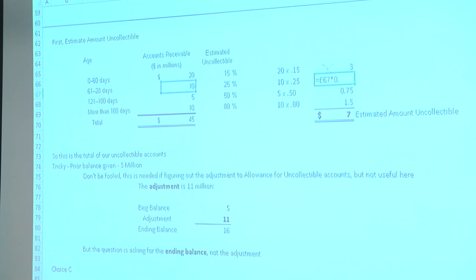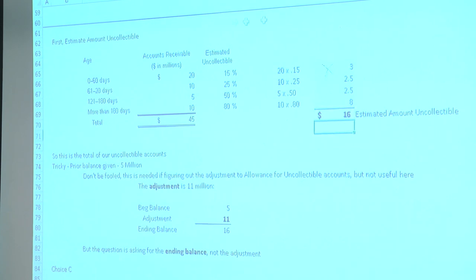For our next set, we have 10 million, and we're going to multiply that by 0.25. For our next set of accounts, we have 5 million, and the rate at which that's uncollectible is 50%. And for our last account, we also have 10 million, and that's uncollectible at an 80% rate.